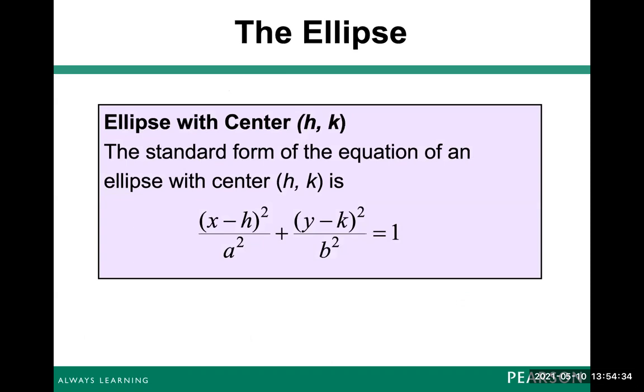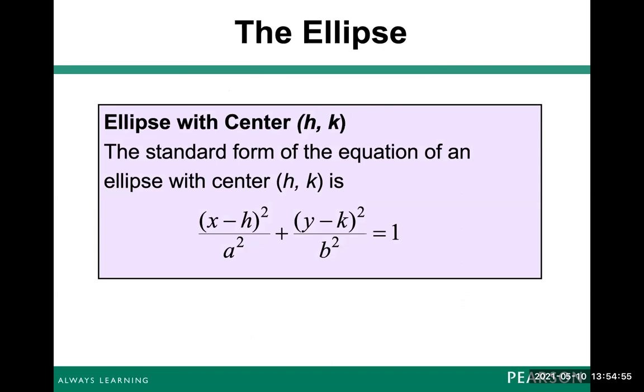All right, and then if you want to shift the center to some other point, this is like what we did back in chapter 8. Replacing x with x minus h is going to shift the graph h units horizontally. So for now, I'll assume that h is positive.